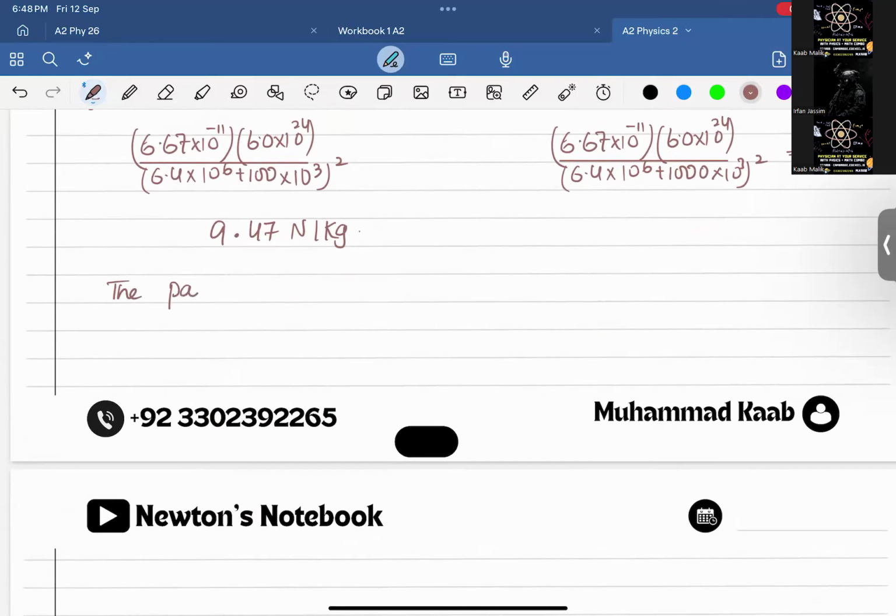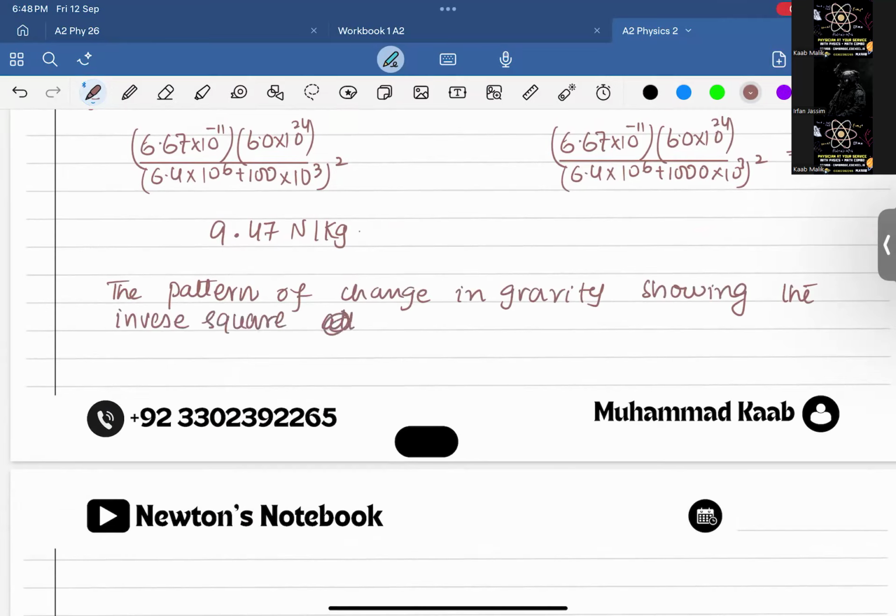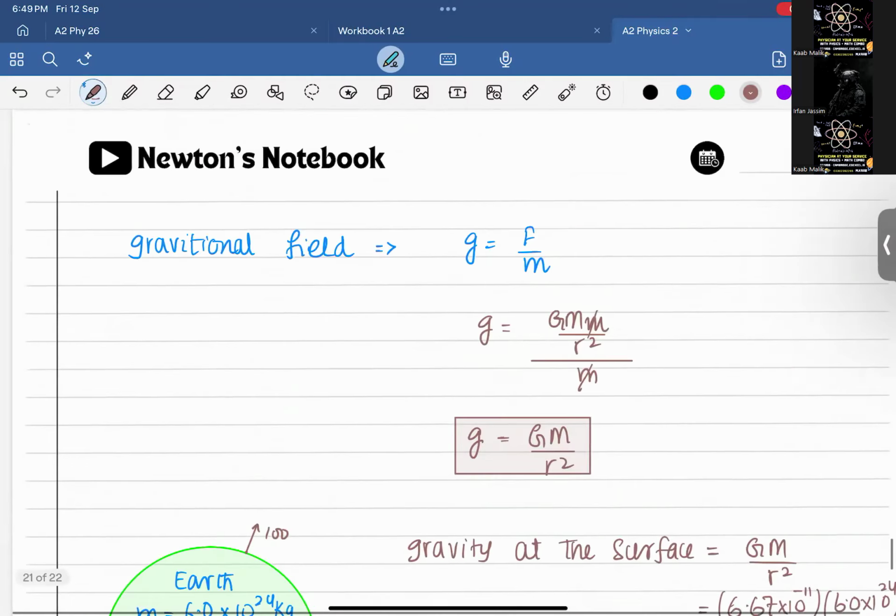The pattern of the change in gravity shows the inverse square law, that is, g is inversely proportional to r squared. Fine, that's it. So this is how the gravity value changes.